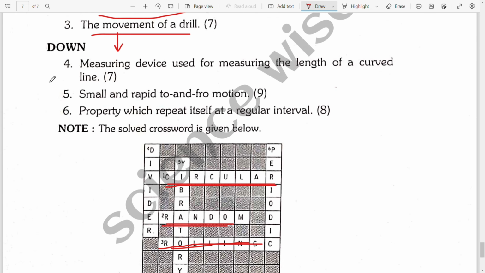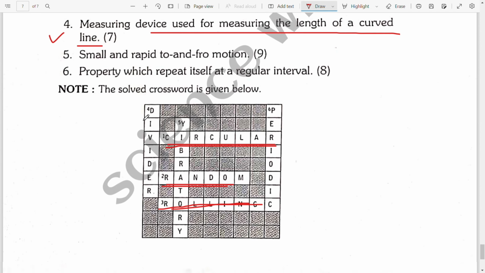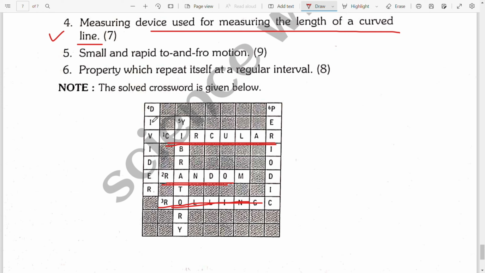Then we'll solve down. Fourth, measuring device used for measuring the length of a curved line is? It is divider. Fifth, small and rapid to and fro motion is known as vibratory motion.